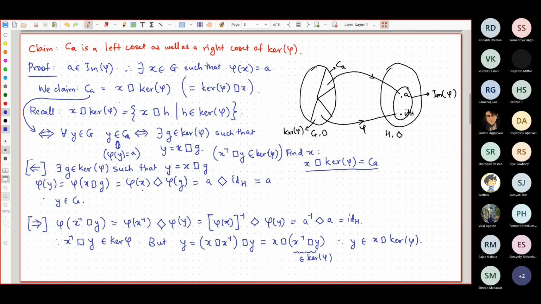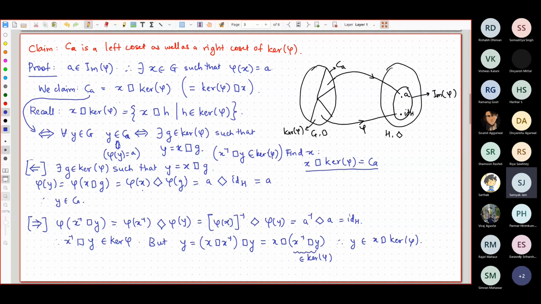Any question? I have a slightly unrelated doubt. Basically, for all abelian groups, we have that the left coset is always the same as the right coset, right?